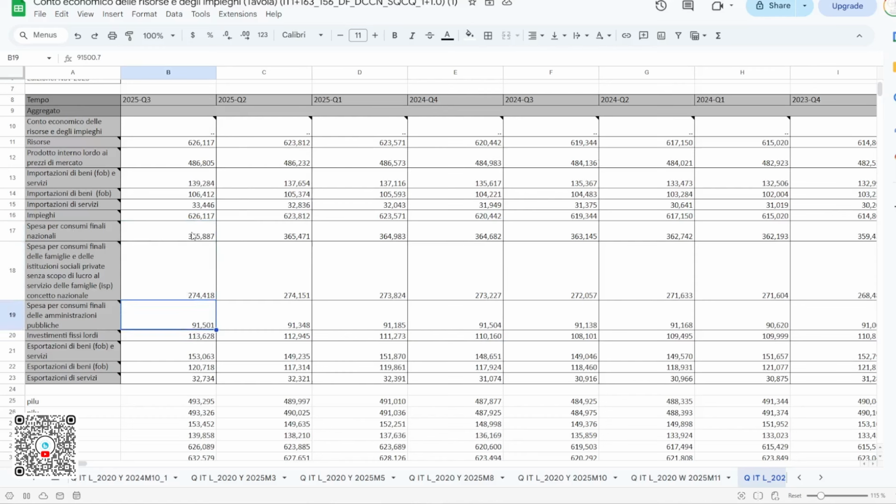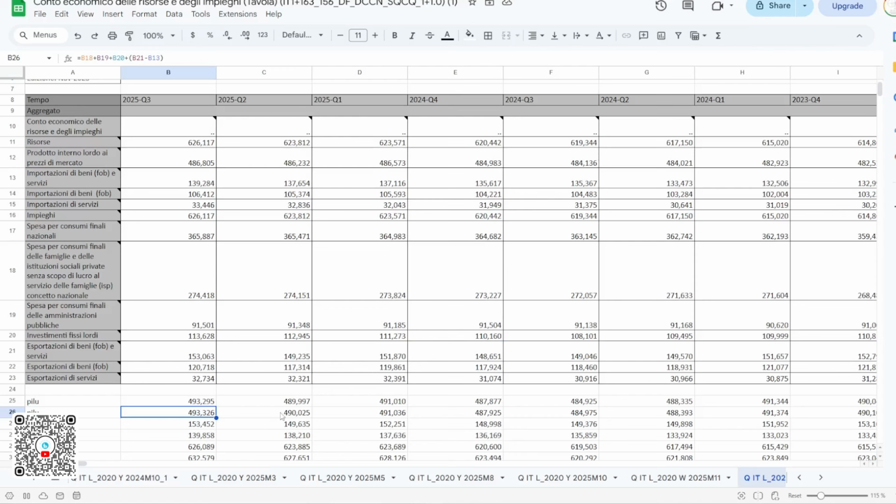So instead of taking the whole number, because I don't trust the whole number, I sum private consumption plus government consumption, and I sum the gross fixed investment, and I do the net balance of trade, which is plus exports minus imports. Still I get to a different number, which still is 493 billion.